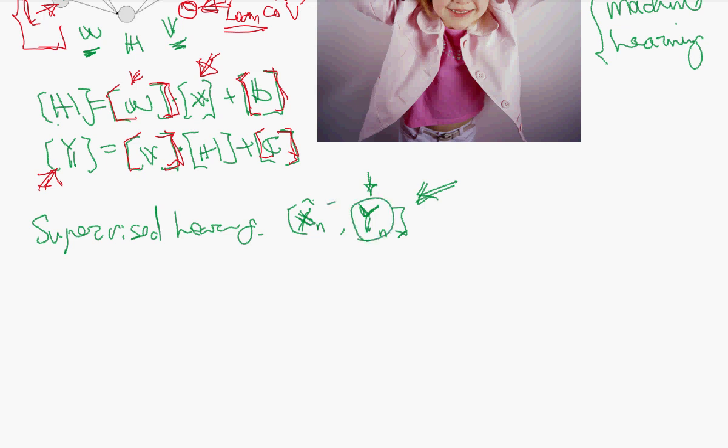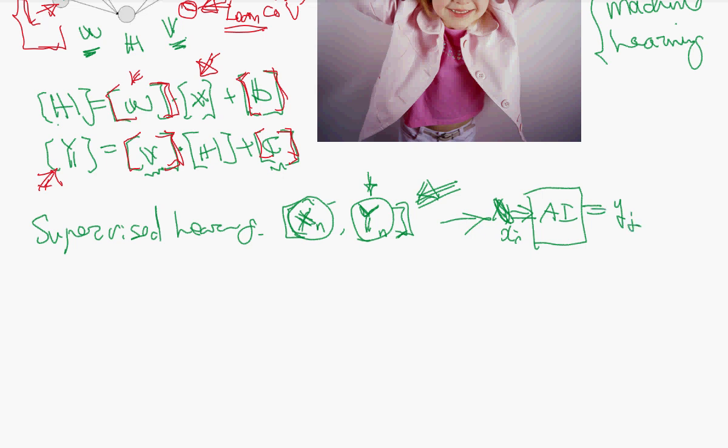We have the input and the result, like several thousand cases. Okay, so we put this into the AI and change those matrix values and the bias values, so that when one of the x comes in, the output comes out correctly. You check if it's correct or not.